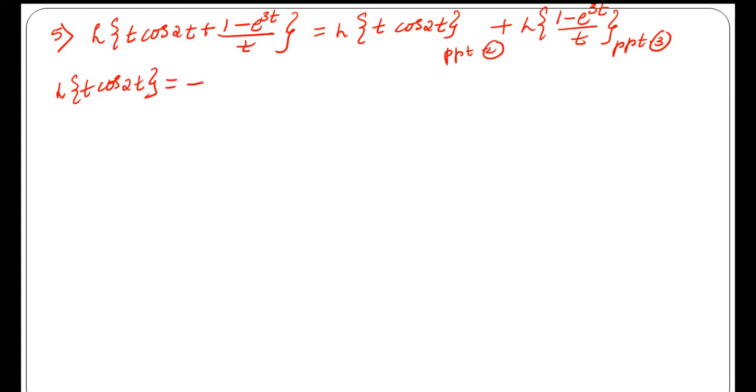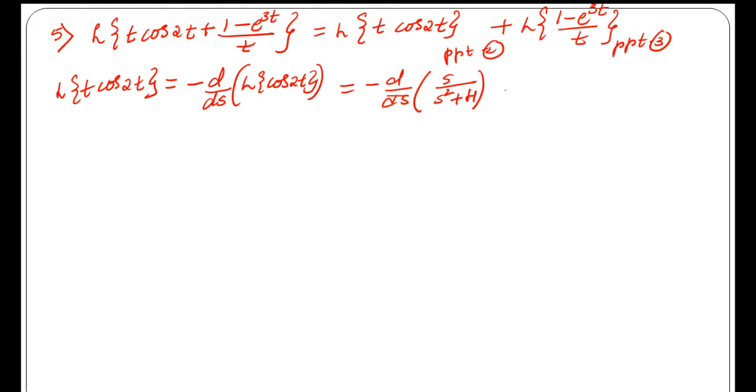Apply property number 2, that is minus d by ds of the Laplace transform of cos 2t, that is minus d by ds of s by s square plus a square, with a equal to 2, so a square is 4. Use the u by v rule to differentiate.